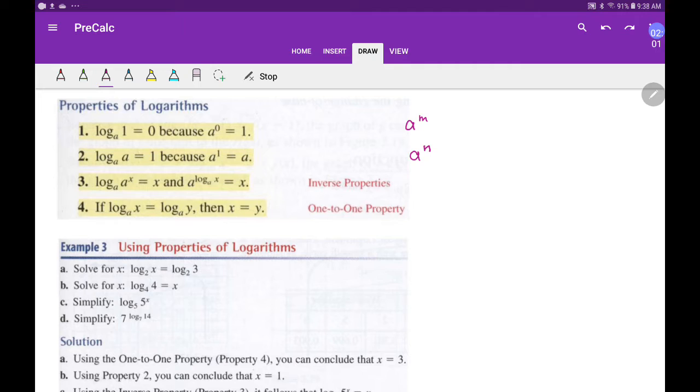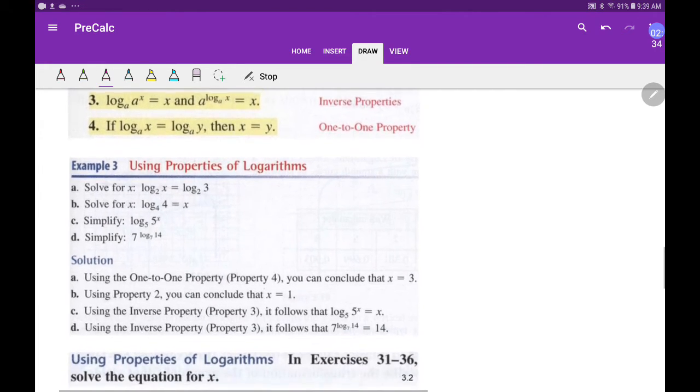Hopefully the one-to-one property, I don't think I did a good job explaining that, but if the exponents are equal and the bases are the same, then x and y have to be the same.